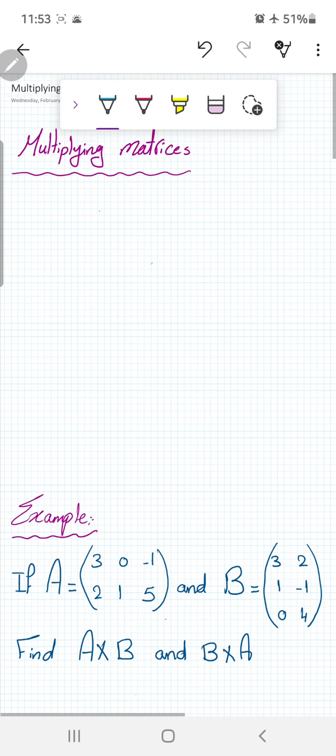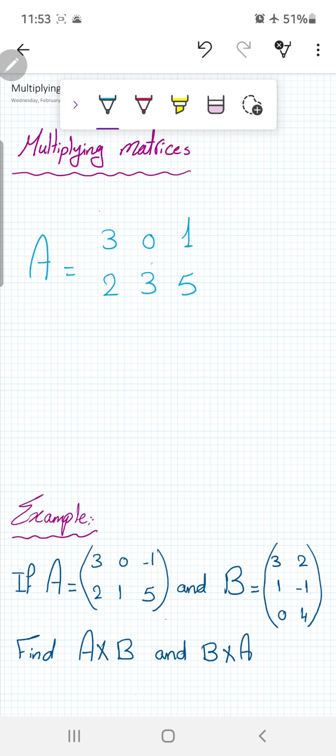If we have two matrices like A equals 3, 0, 1, 2, 3, 5. Okay. And another matrix B equals 2, negative 1, 0, 4, 5, 1.